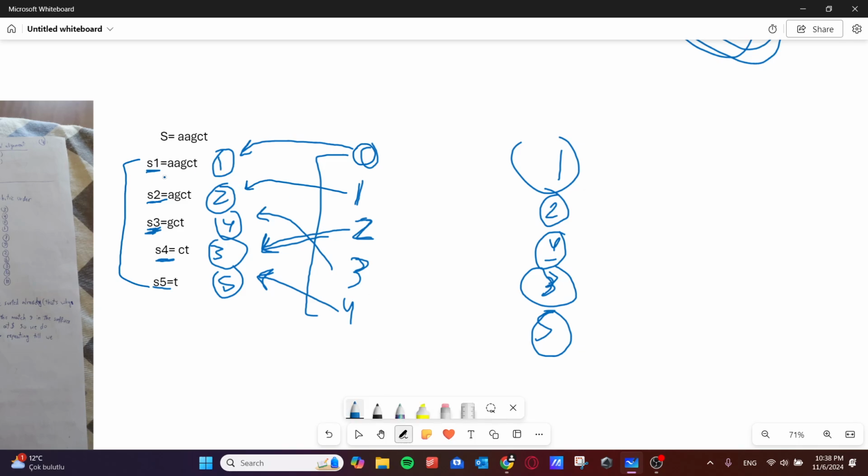So I can write the suffixes. The first suffix is AAGCT. The second one is AGCT. The third is CT, which is suffix number 4. The suffix number 3 is GCT. The suffix number 5 is T.